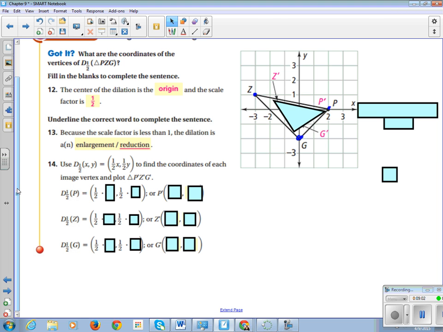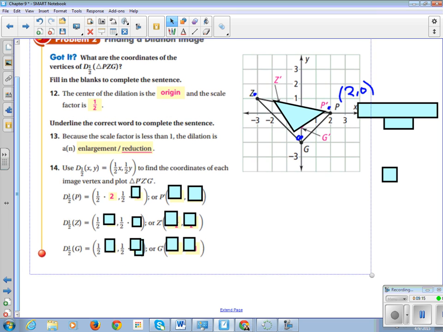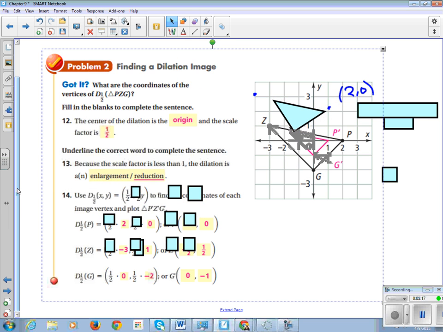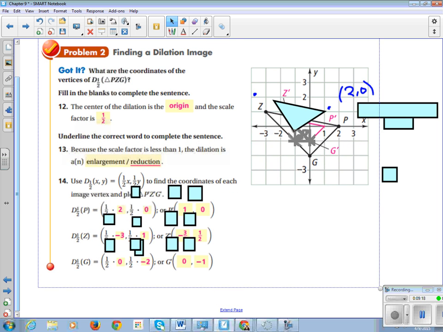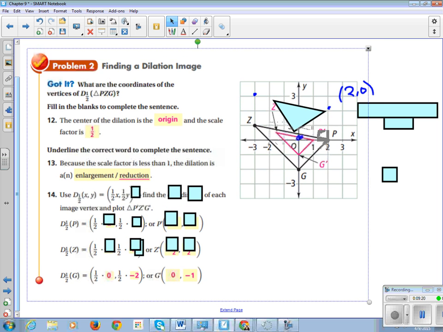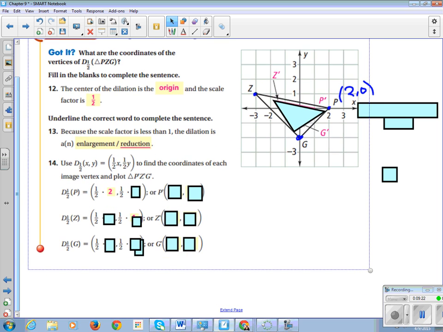So if we look at coordinate P is at 2, 0.